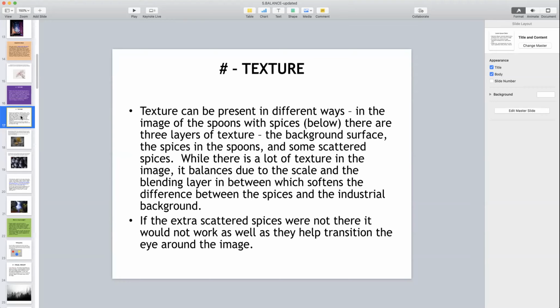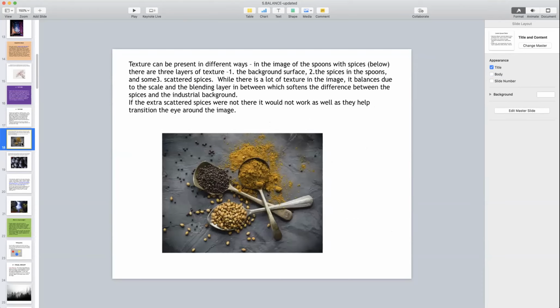While there is a lot of texture in the image, it's balanced due to the scale and the blending layer in between, which softens the difference between the spices and the industrial background. If the extra scattered spices were not there, it would not work as well, as they help transition the eye around the image. ये बहुत important photograph है, इसको ध्यान से देखिए.